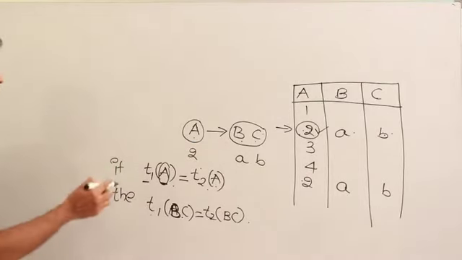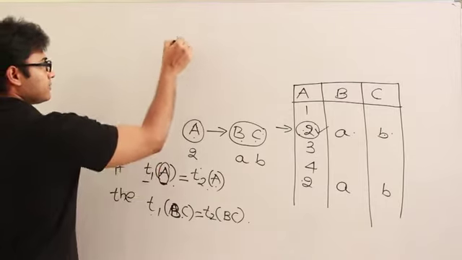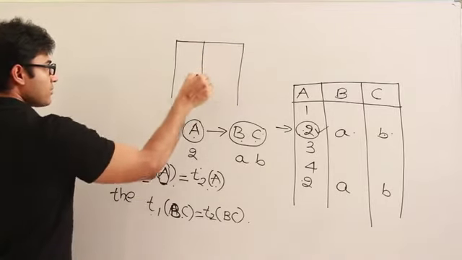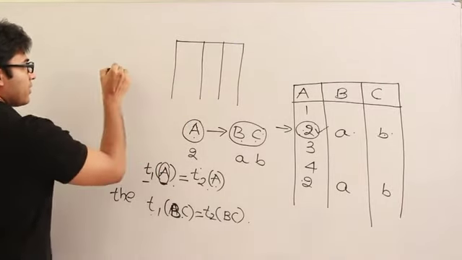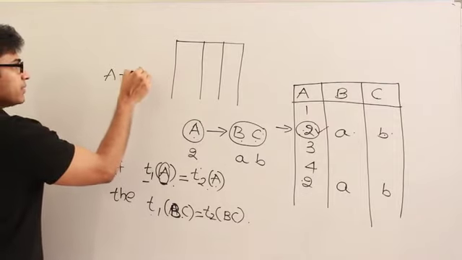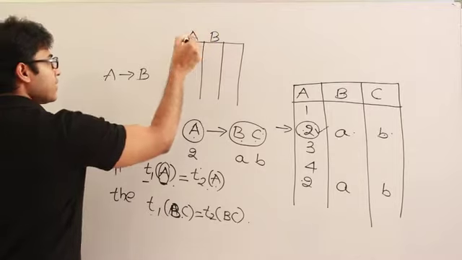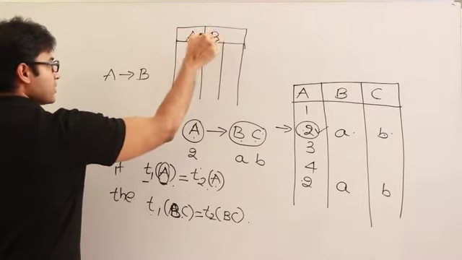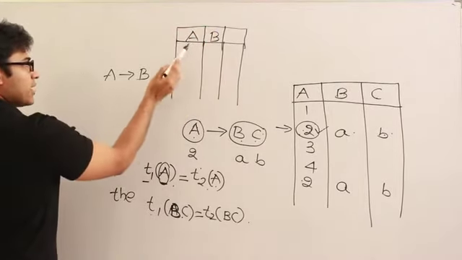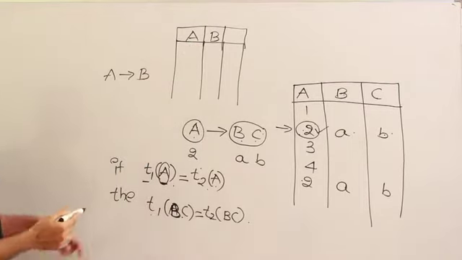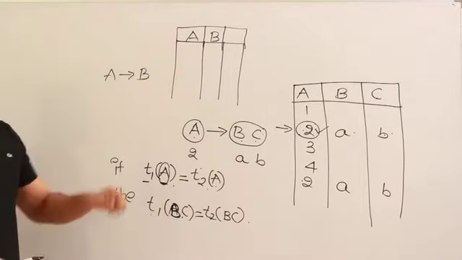If you want to understand it, let me take it this way. If I say A determines B, and this is A and this is B, then A need not be a key always, right? The meaning of it is, whatever the value of A, you will be able to get a unique value of B, right?